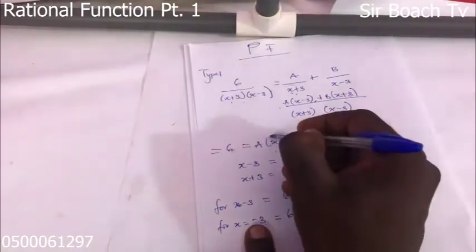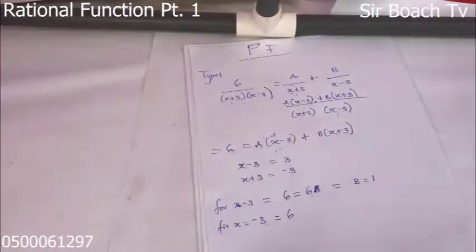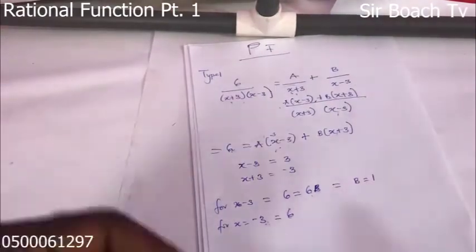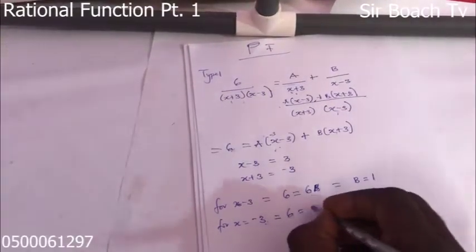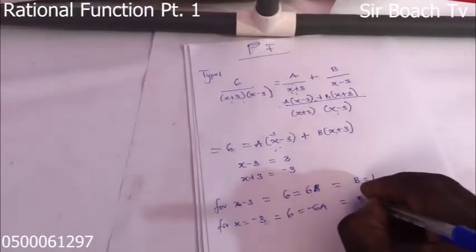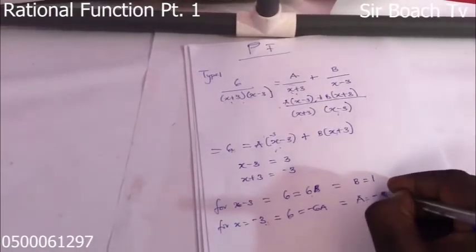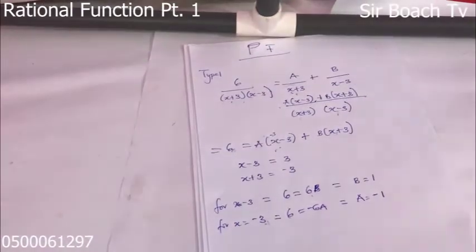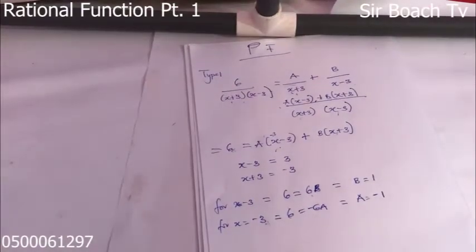If we put minus 3 here, we are going to get minus 3 minus 3, and that will give us minus 6a equals minus 6. Now if we divide, we are going to get a equal to minus 1. So b equals 1, and a equals minus 1.